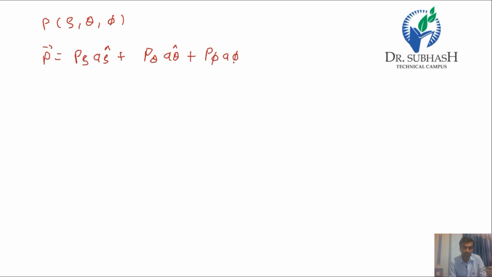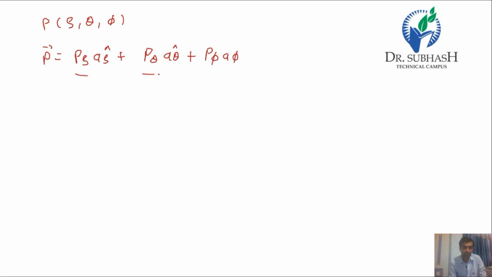Representation of a point in a spherical coordinate system. Suppose we have one point P which is rho, theta and phi. Then vector P in general form can be represented by P rho in the a rho direction plus P theta in the a theta direction plus P phi in the a phi direction.